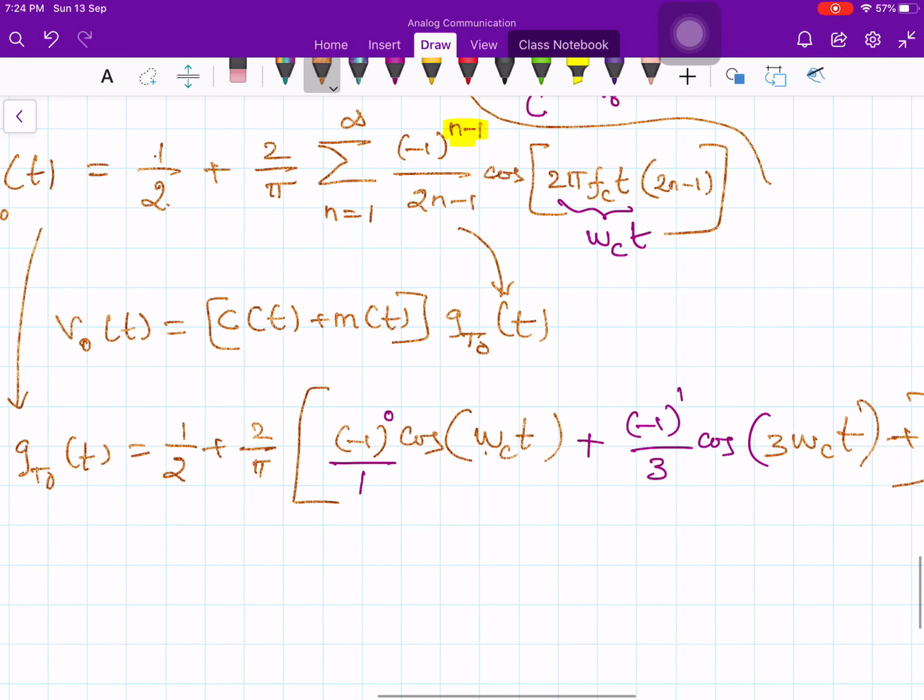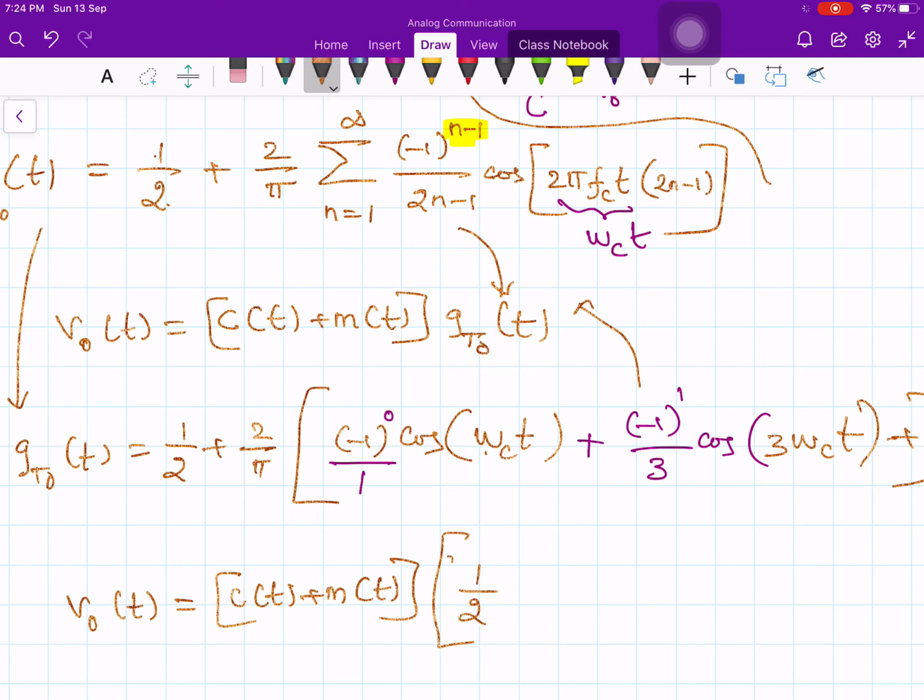Now multiply this with your c(t) plus m(t). So v naught of t is equal to c(t) plus m(t) multiplied by 1 by 2 plus 2 by pi cos of omega_c t.